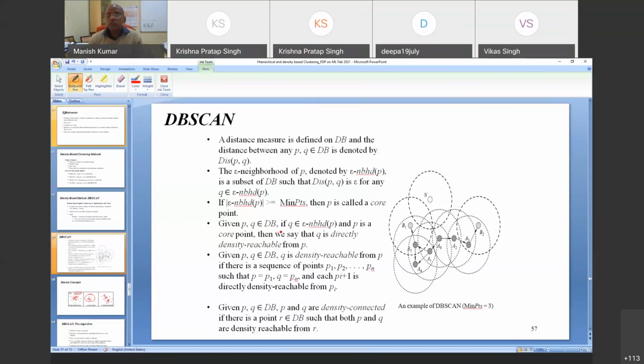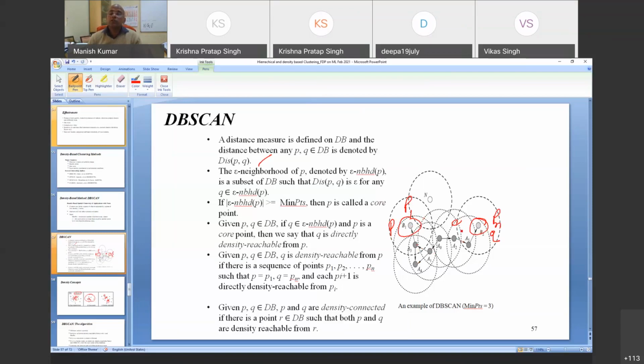From this figure you can see what is happening here. This is B1 and this is B2. By definitions you can say this is P, this is Q, or this is P1 and this is Pn. With the virtue of this epsilon neighborhood, this is close to this, then this is close to this, then this.